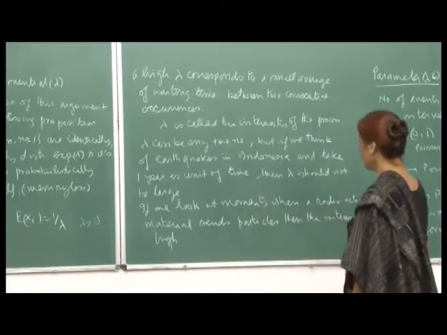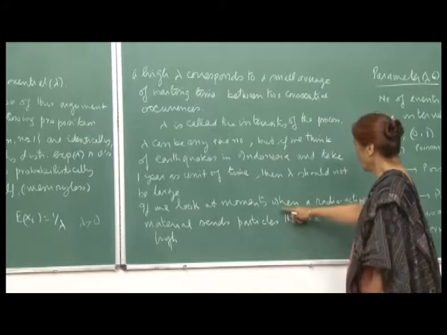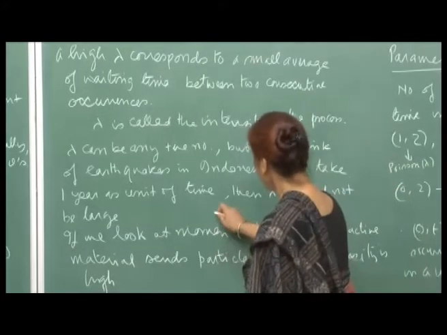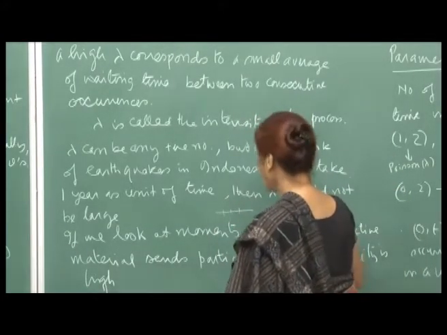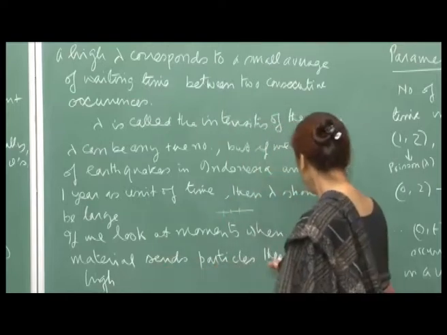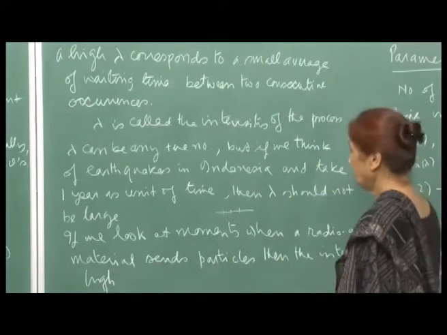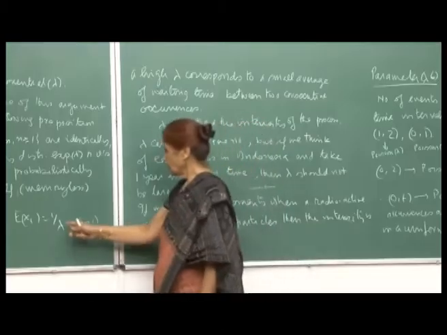Also, when a radioactive material sends out particles, the intensity is high, and therefore 1 upon lambda is small.